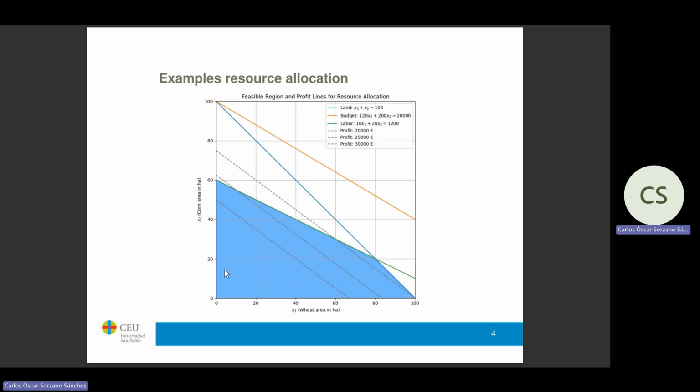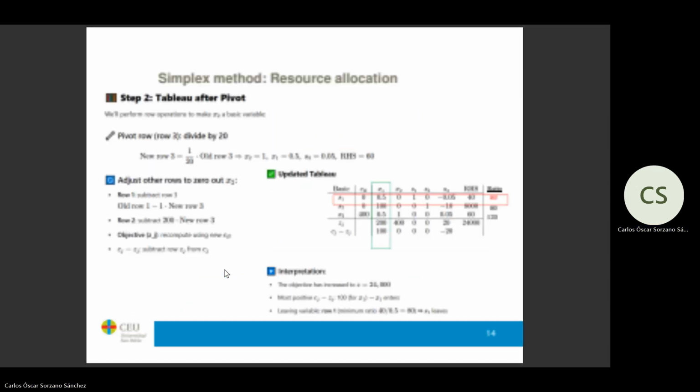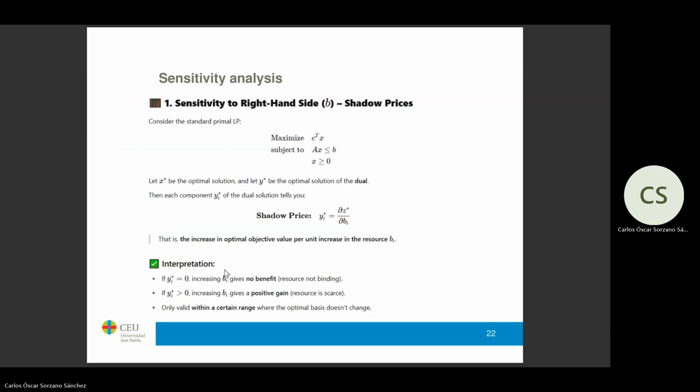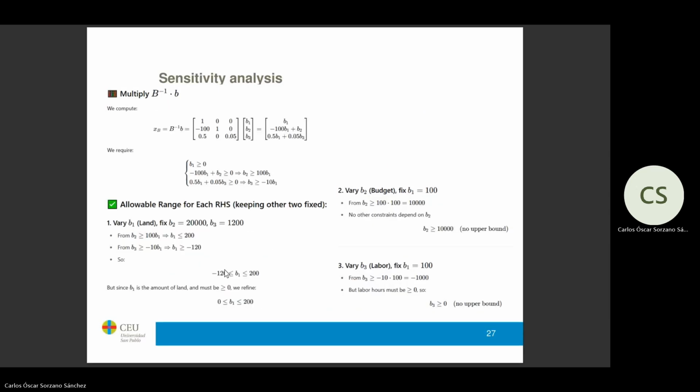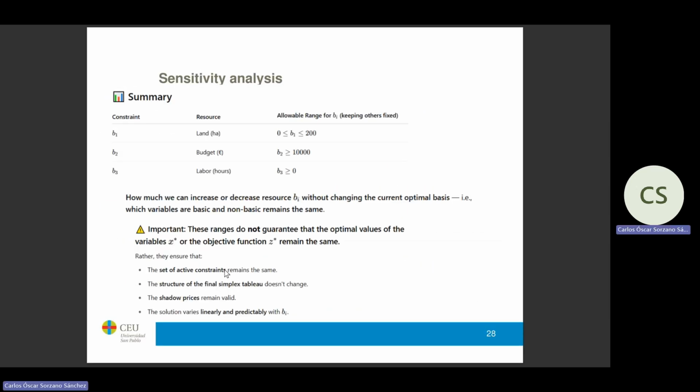So as long as those ranges for these are true, then these are the active constraints. That is what they guarantee. The shadow prices remain valid, and the structure of the final simplex tableau.